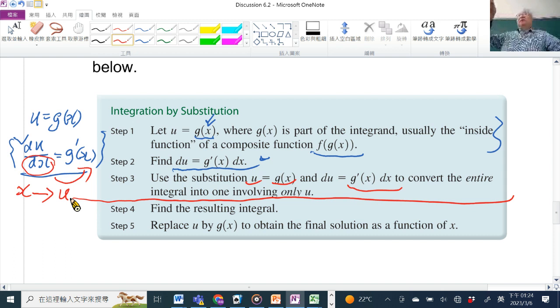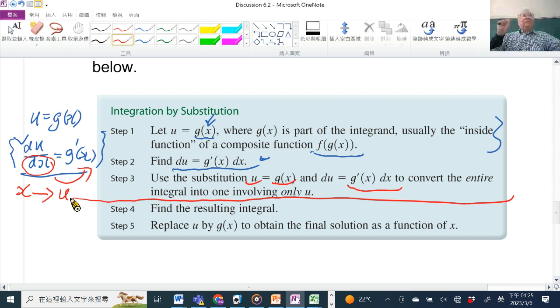First, g of x is substituted by u. Second, dx combined with g prime of x is replaced by du. The new integration has only the integration variable u.